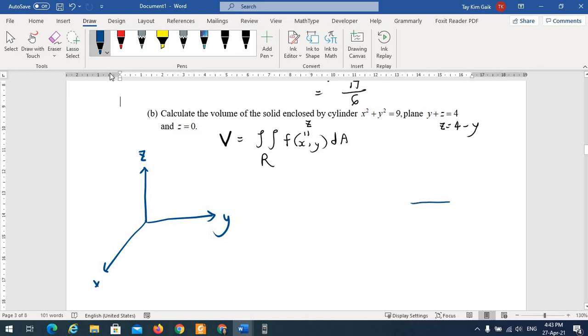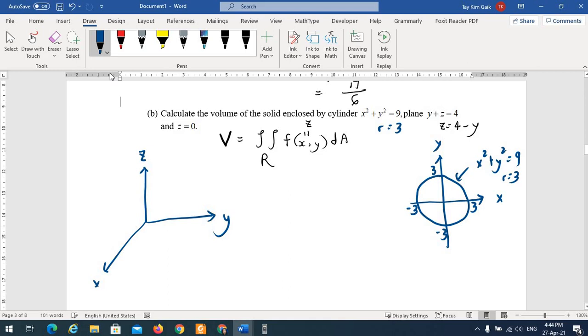In 2D, this is the y axis, this is the x axis. Then you have a circle with radius 3 units, r equal 3, from negative 3 to positive 3. This is x squared plus y squared equal 9, or r equal 3. So region R is circular. Later on we use polar coordinates.